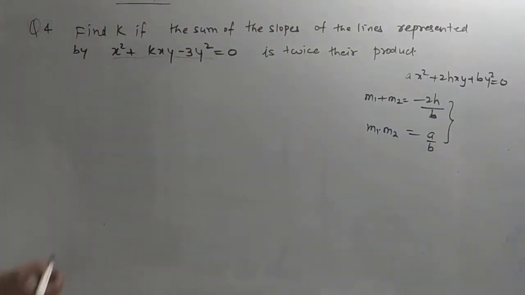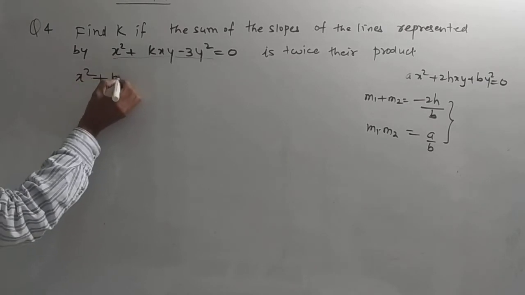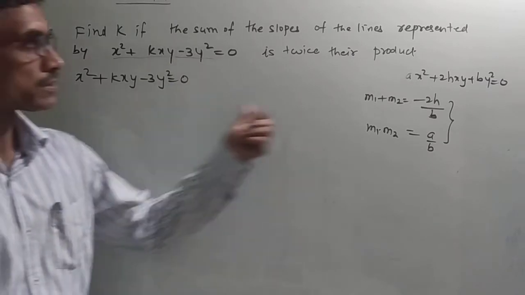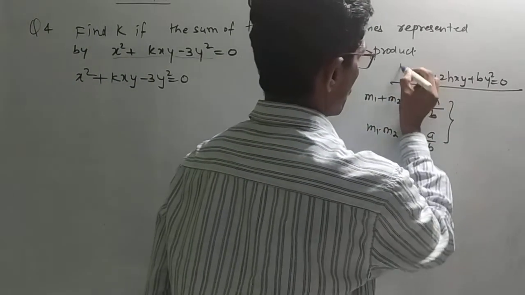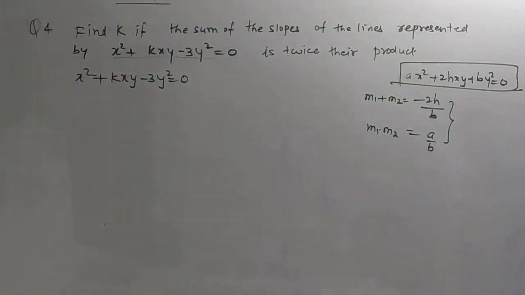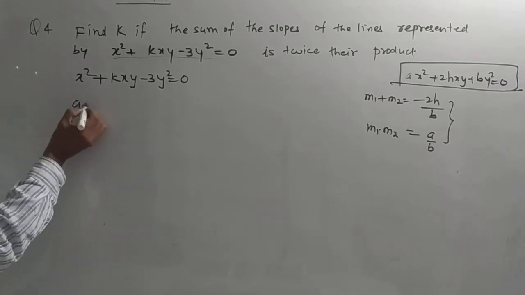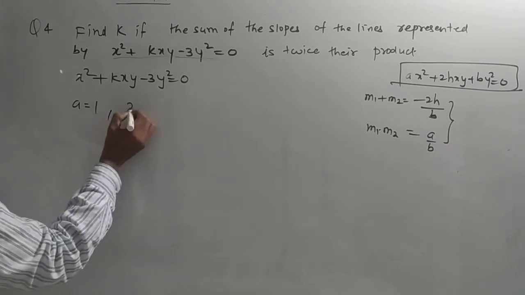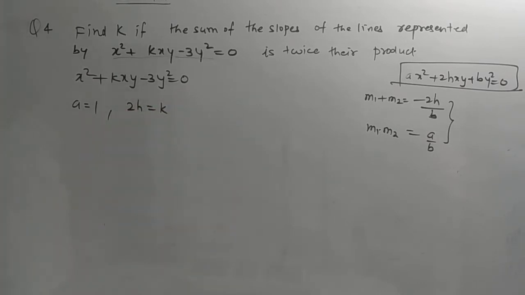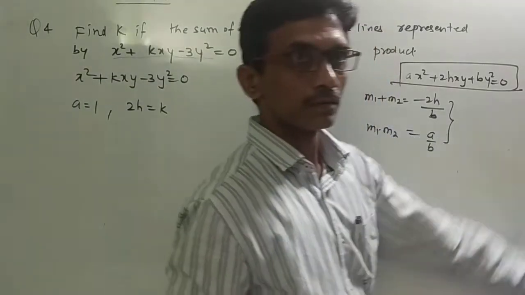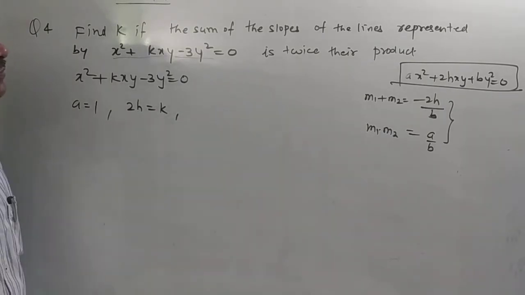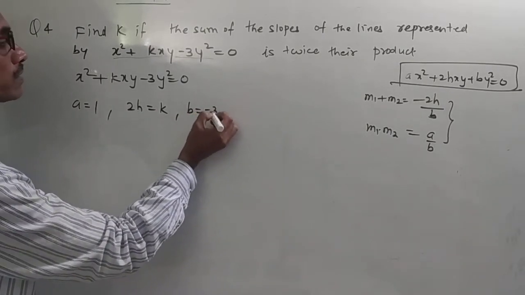So first of all, the equation x square plus kxy minus 3y square is equal to 0, we compare with the equation ax square plus 2hxy plus by square is equal to 0. So a is equal to 1. Then the xy coefficient is 2h, so 2h is equal to k. Then the coefficient of y square is b, so b is equal to minus 3.